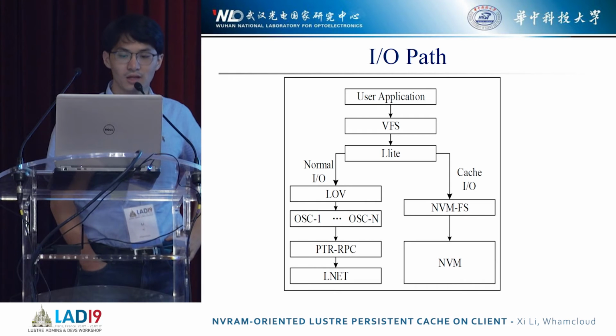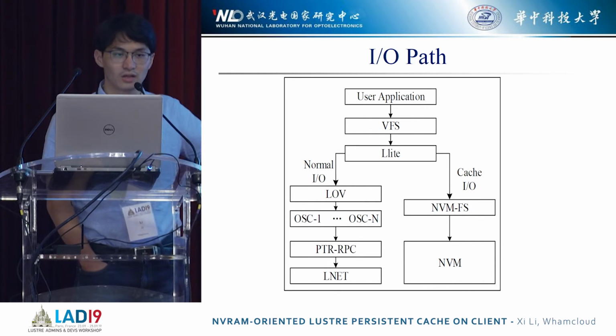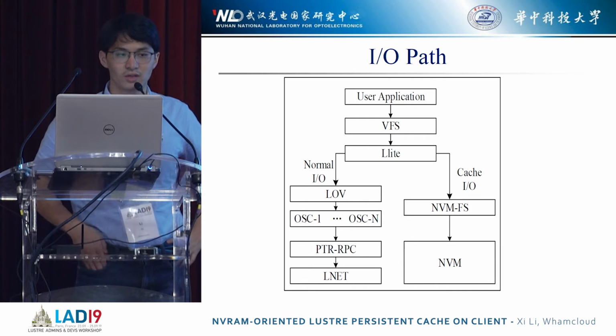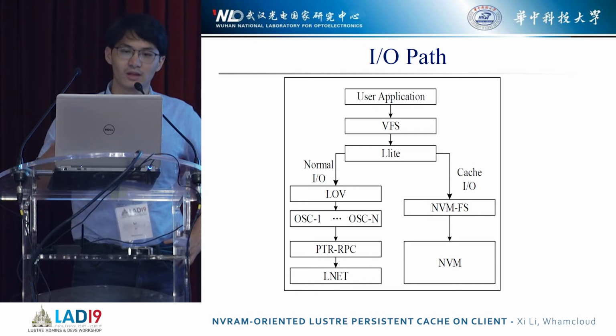But for the other files, the data will be accessed through the original Lustre I/O stack. And as we can see, there are obvious differences here. The cache I/O will be quick, both because the storage will be quicker and the network will be quicker. And at the same time, the I/O stack is much simpler than the Lustre stack, and it doesn't have a lot of network latency.